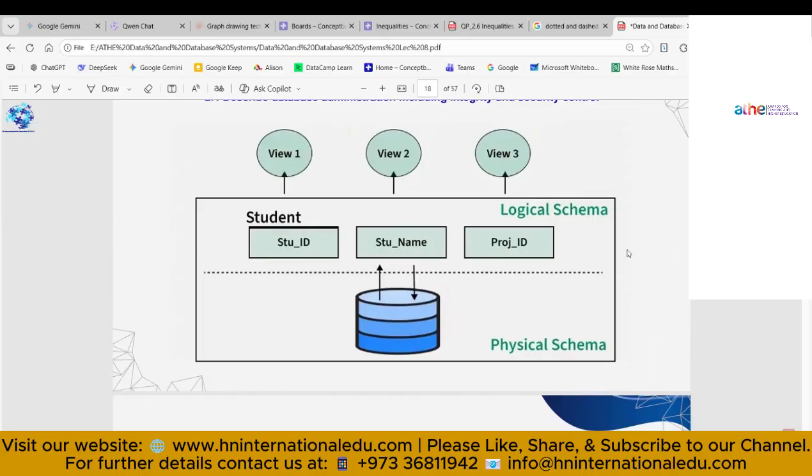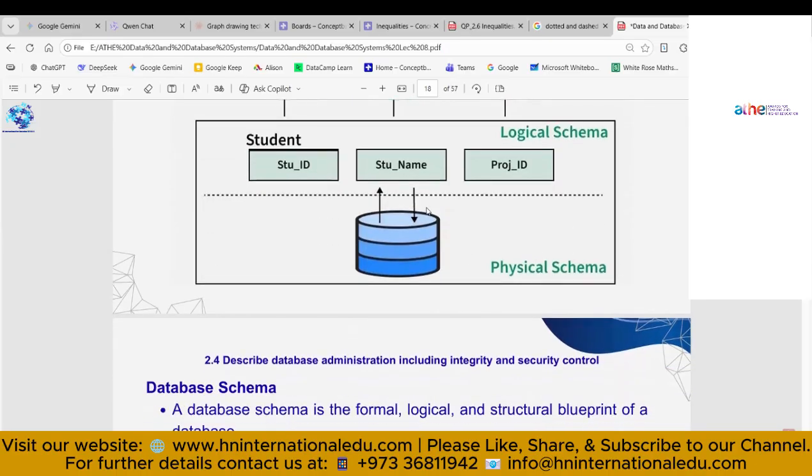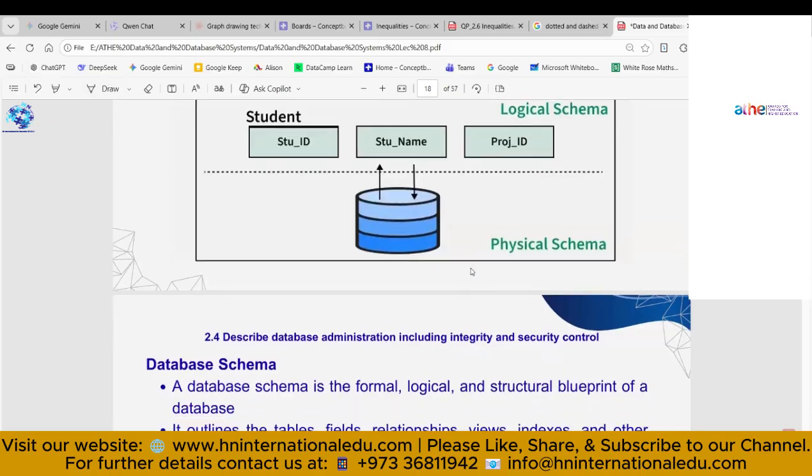That's a logical schema which we make in a DBMS, for example MS Access or Oracle database or any other DBMS you are using. But a physical schema, a physical structure, would be like imagining a big database server which contains all of the data. That would be a physical schema.